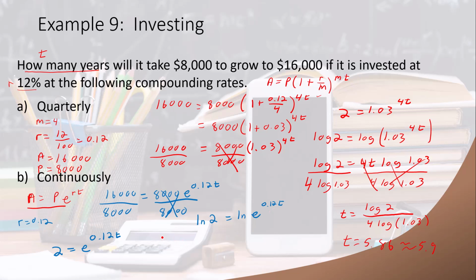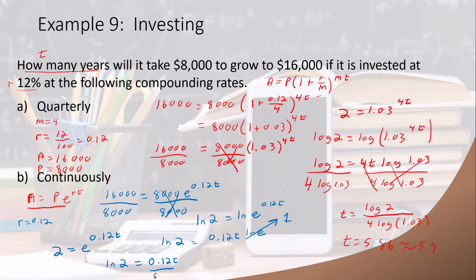Using the power property, we will have the natural log of 2 is equal to 0.12t times the natural log of e. And what is the natural log of e? The natural log of e is equal to 1. So we are left with the natural log of 2 being equal to 0.12t.